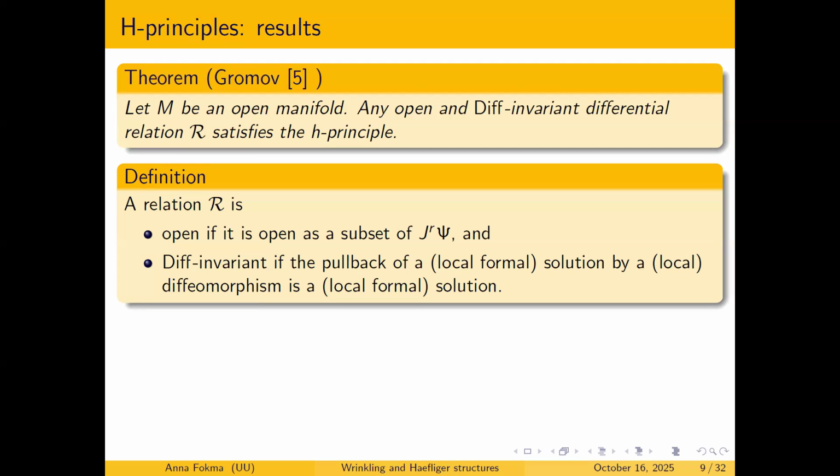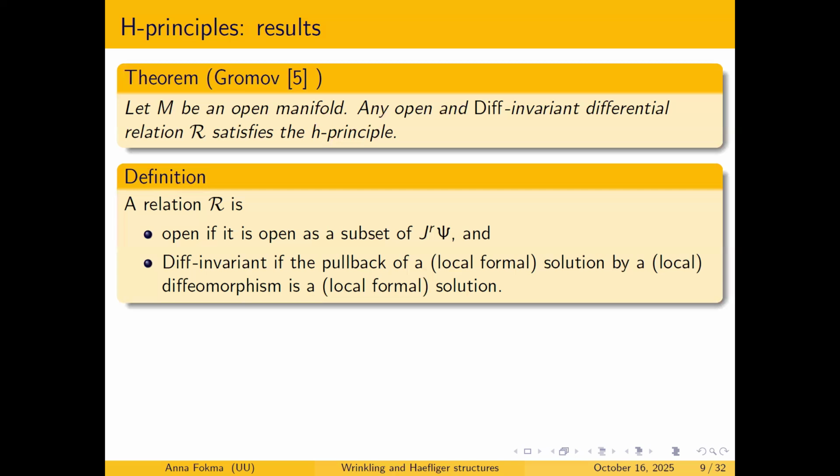So I should now tell you what those conditions are. So open just means that the relation is open as a subset of jet space. So this encodes some sort of stability, because if you have a solution, be it formal, be it a genuine solution, you can perturb it a little bit and then it will remain a solution.